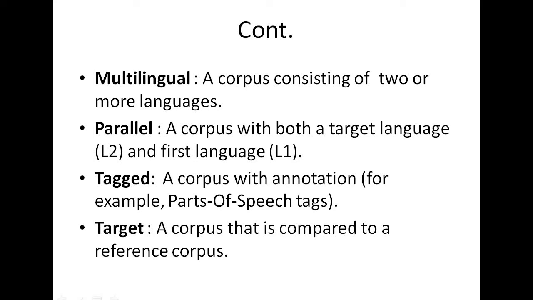For example, we collect corpora of both English and Urdu, and we keep the examples of Urdu language and English language in one corpus. That will make a multilingual corpus. Similarly, we can increase the number of languages, and examples of different languages can be collected in a single corpus, such corpus will be called multilingual.